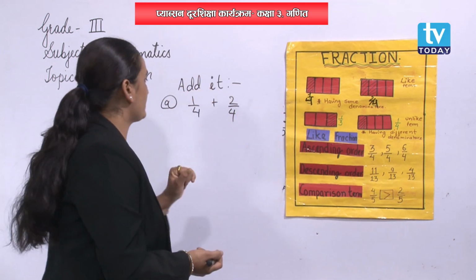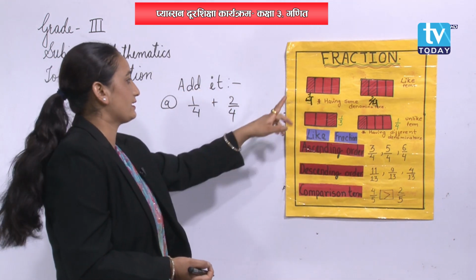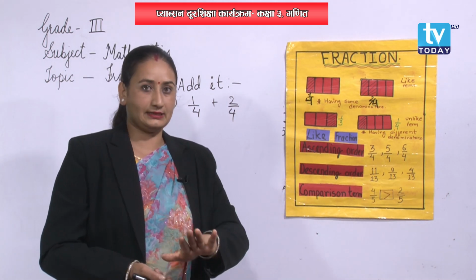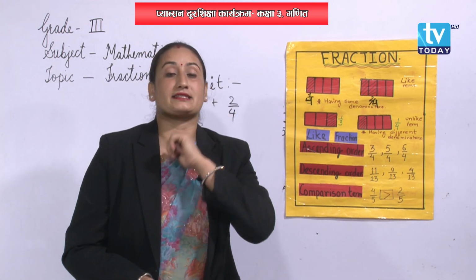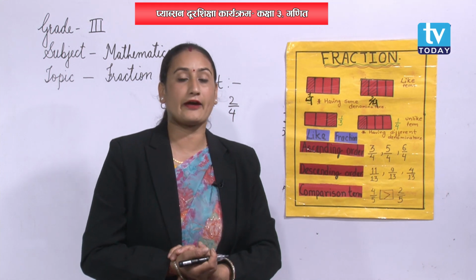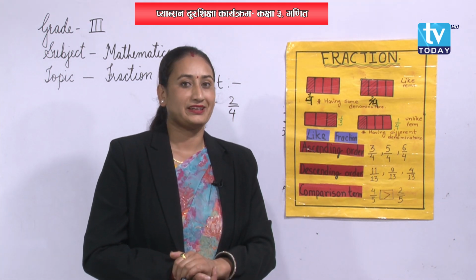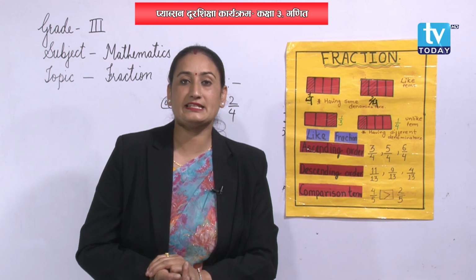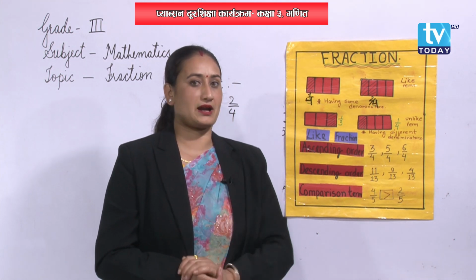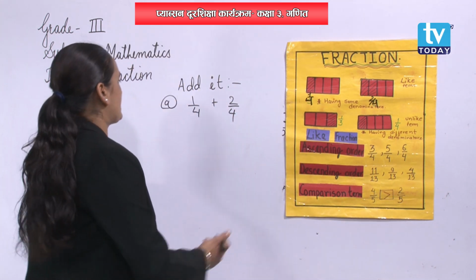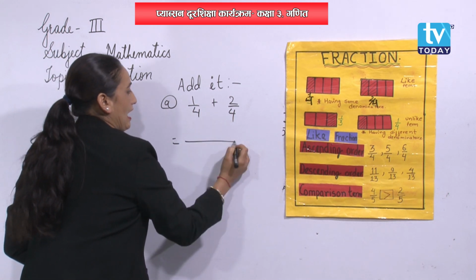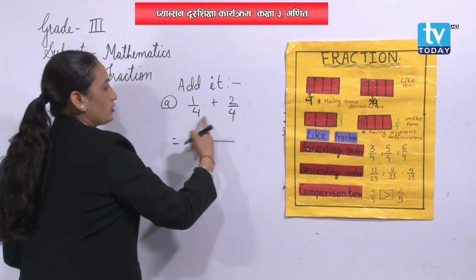Now same here, you have to go on writing. First of all, 1 part eaten and then again 2 parts eaten. Then altogether, how many parts have I eaten out of 4? 3 parts. Now, how many are left over there? 1 part, right? So, let's do the same way. See, out of 4, this means both are same.